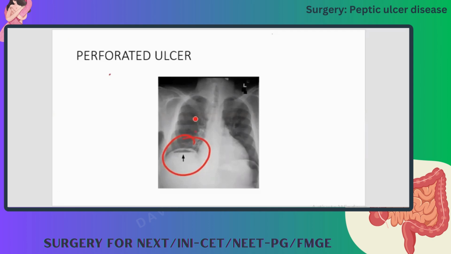Yes, pneumoperitoneum. It will cause pneumoperitoneum. Pneumoperitoneum is like when we fill the abdomen with gas during laparoscopy. That is also pneumoperitoneum, gas in the peritoneum, but here it is just gas under the diaphragm. Filling the peritoneum with gas is pneumoperitoneum.